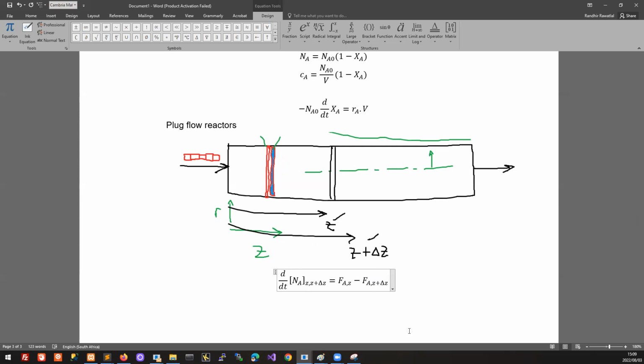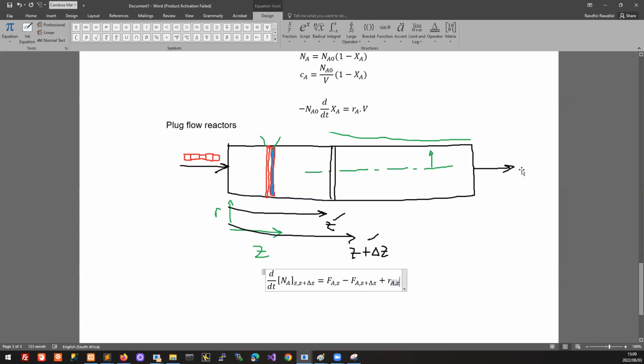And then we've got the reaction that's also happening in here. We said that the concentration is the same everywhere in this plug, and we also assume that the temperature is the same everywhere in this plug. So we can say then that this is RA, but we should specify this is RA at position Z, right? Because the rates do change.